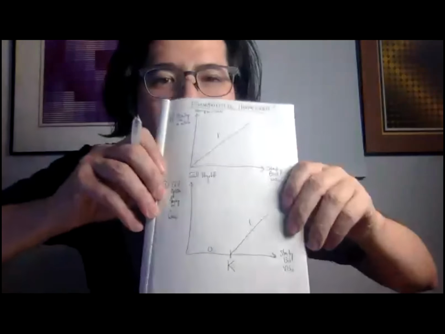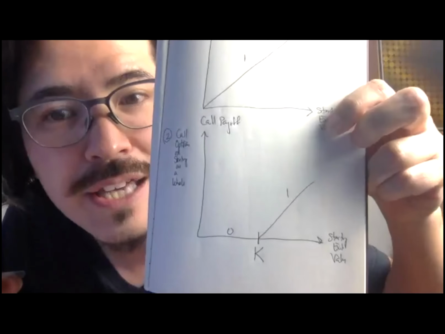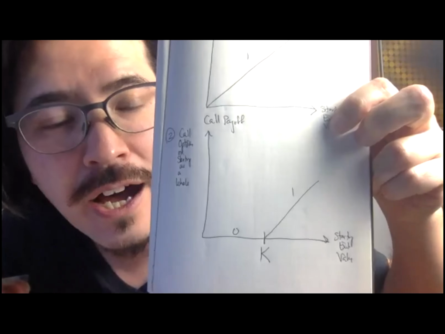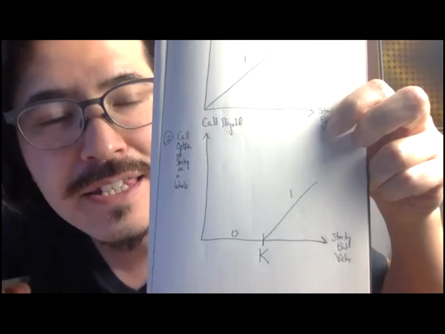And this is the payoff diagram of a call option. This should look like a normal call option as you've always seen it. The only thing here is just notice the underlying asset for this call option is the entire startup.